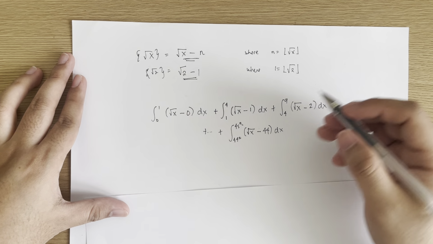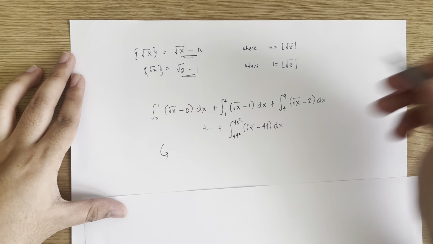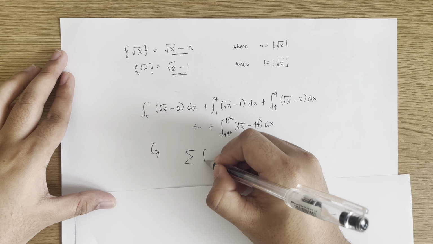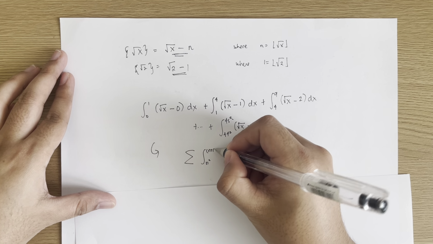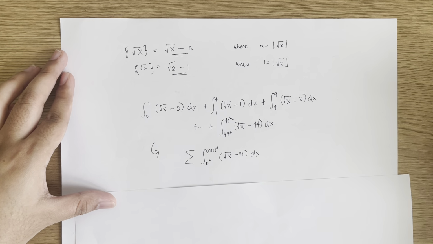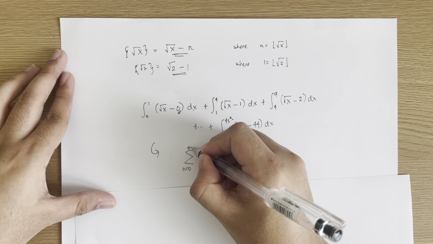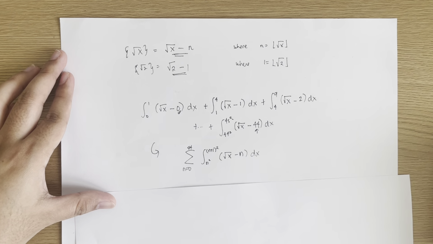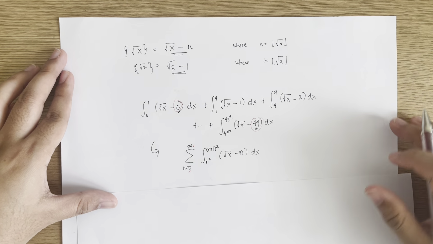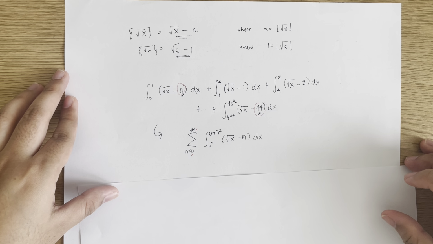Okay, so let's just make this a bit shorter by introducing the sigma notation. We can write this as the sum of the integral from n squared to n plus 1 squared of square root of x minus n dx. And we do that from n equals 0 until 44. So this and this are our bounds for the sum. I hope it's clear.